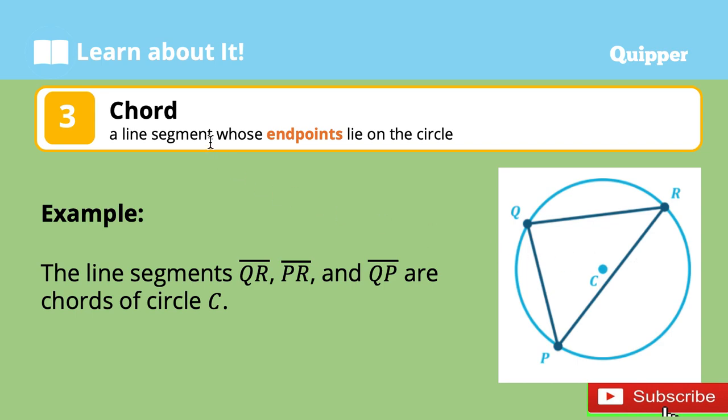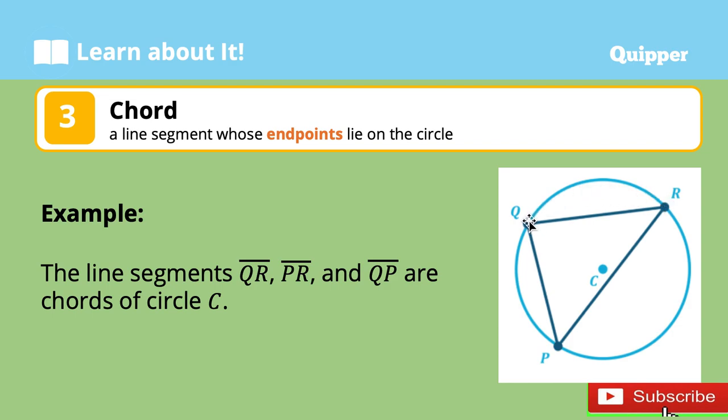Third, chord. A chord is a line segment whose endpoints lie on the circle. For example, the line segment QR, line segment PR, and line segment QP are the chords of circle C. Because these are line segments whose endpoints are lying on the circle.